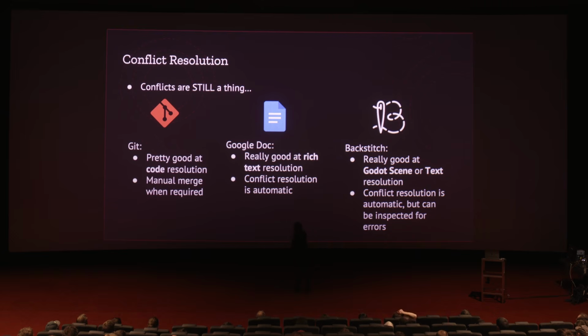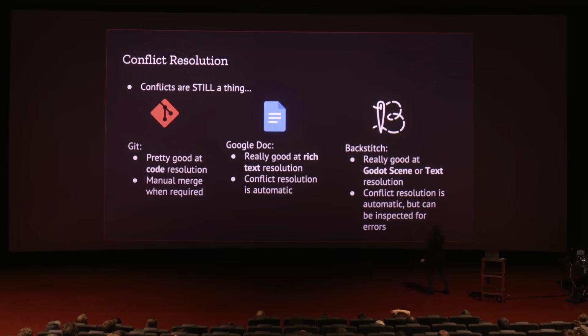So let's talk about how Git handles it versus Google Docs versus Backstitch. Git is pretty good at code resolution, and it lets you know when you need a manual merge. Google Docs is really good at specifically and only rich text conflict resolution. And it's so good that it's completely automatic, and you usually don't notice any conflicts happen.